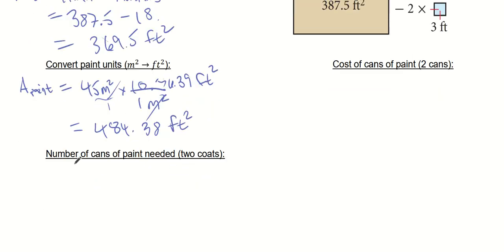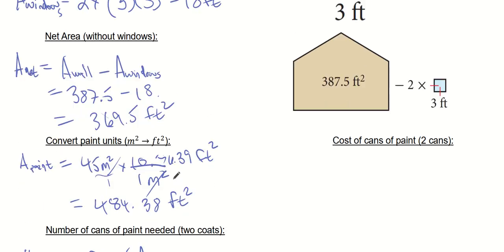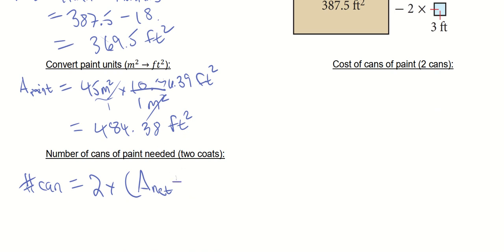So the number of cans is 2 times the net area of the wall, divided by how much 1 can will cover, the area of the paint.